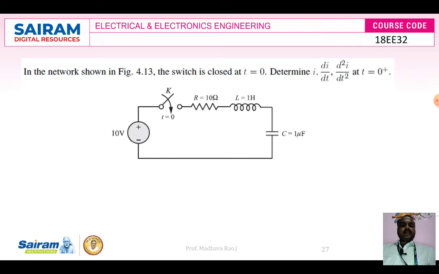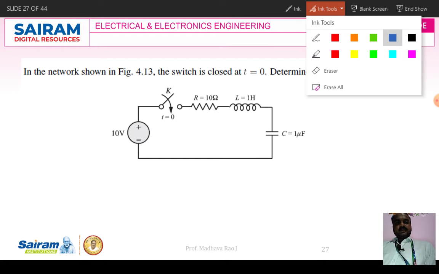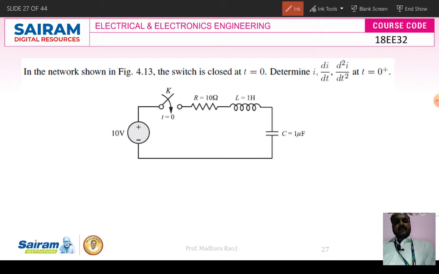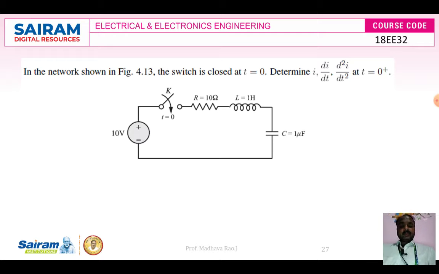Then how will we find di by dt? Apply KVL to the loop and find di by dt. These are the values we have to find, and we will see the solution of the problem.